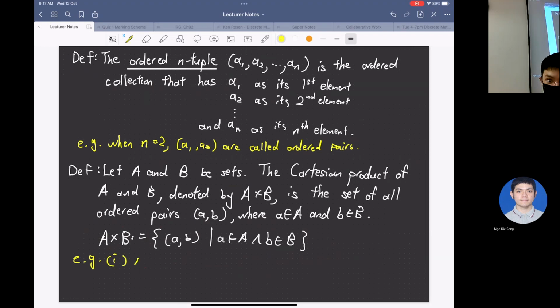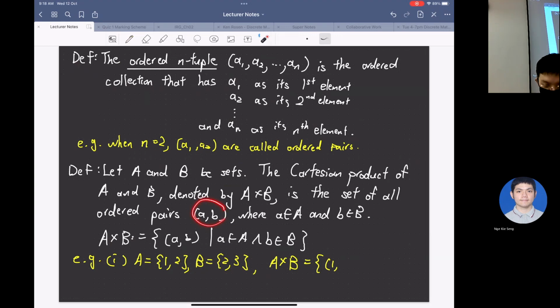Okay, example. Let's look at those two sets here. What's the Cartesian product A cross B? You think? No, just A cross B. So it's just all the pairs.